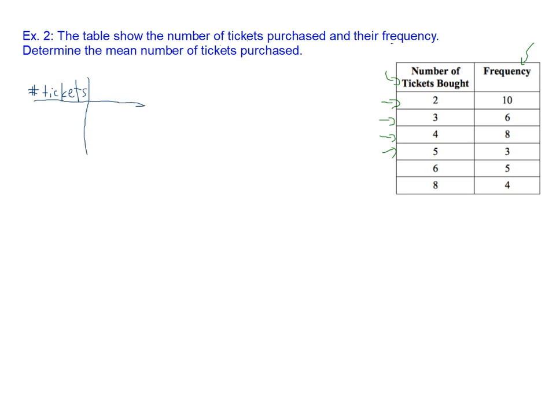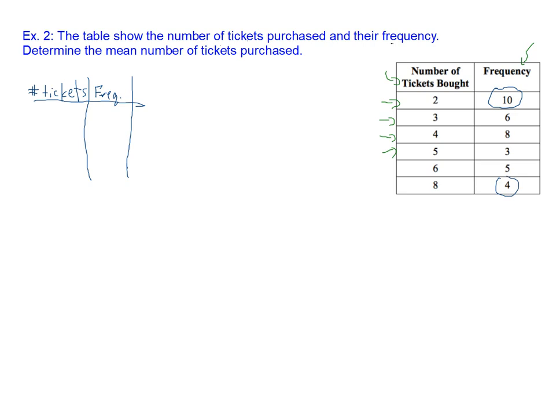And then our next column will be the frequency. And these would be like our weights. So the frequency is kind of like the weighting. So for example, the fact that this first entry in the table, 2 tickets, has a frequency of 10 means that it's really weighted more heavily than, say, this 4 or the 5 or any other number for that matter.